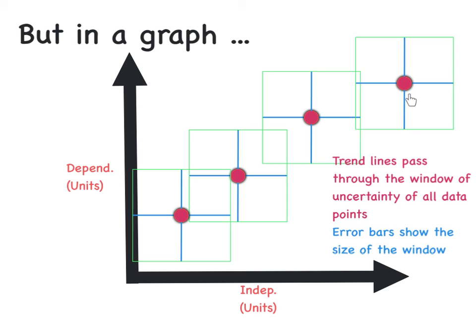But what it must do is go through the window of uncertainty. So our trend line can come up through the top like that, or it can come up through the bottom like that, or it can be a straight line that starts on one side and goes up the other. It does not, and I repeat, does not have to touch or go through any one of the average data points.